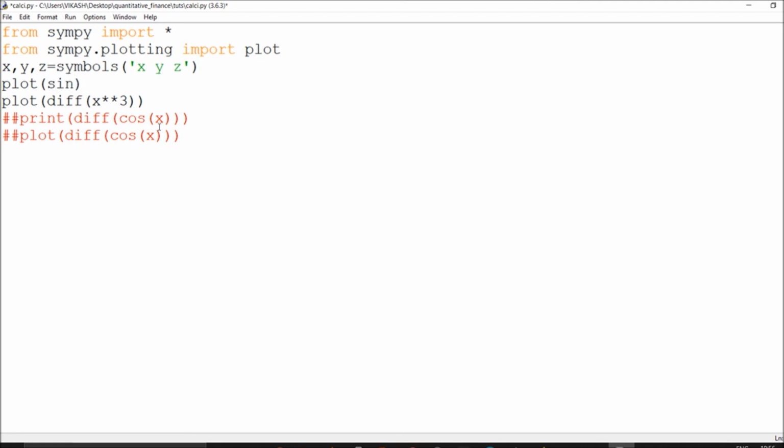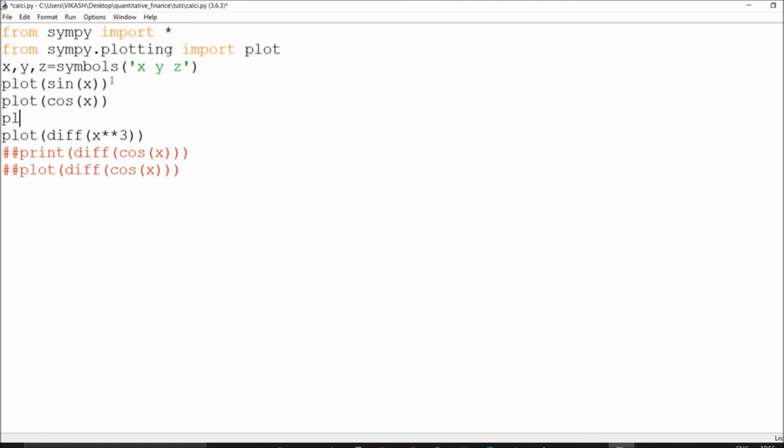So we'll take the plot for sin x, then we will go for the plot which will be cos x, and we will try to plot the differentiation of sin x.